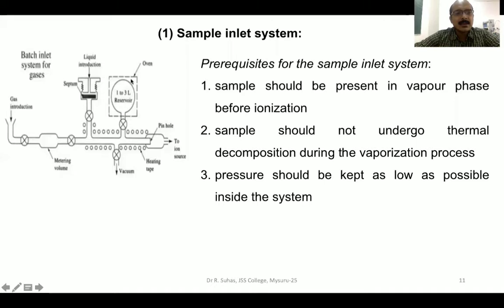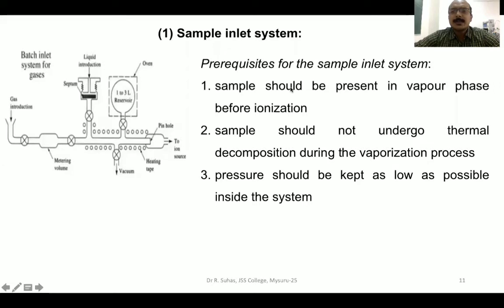From here it will go to the ion source, where it will undergo ionization to produce different ions. Any sample for that matter, you cannot just insert into the mass spectrometer. There are several prerequisites for the sample inlet system to be followed before using the mass spectrometer.